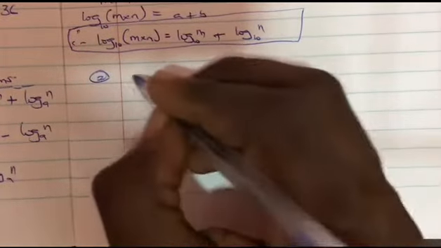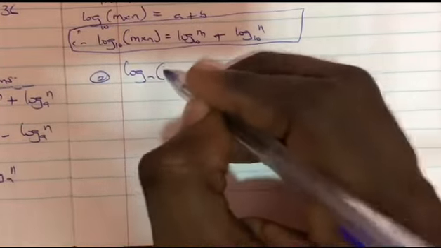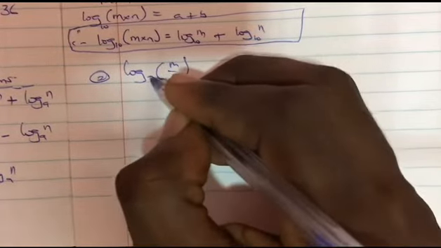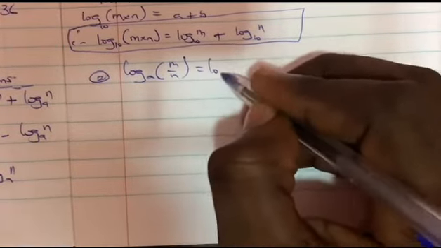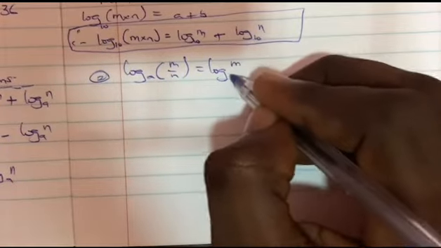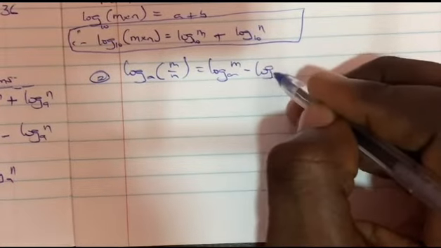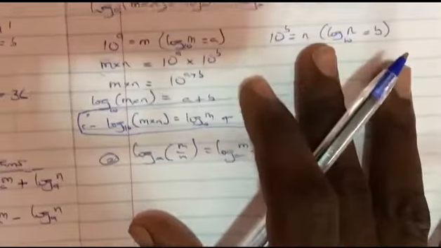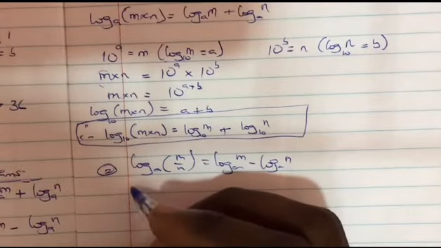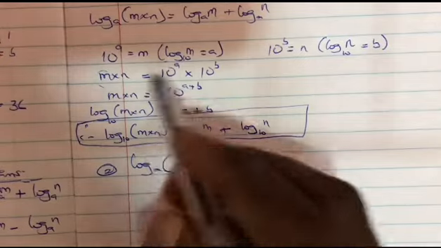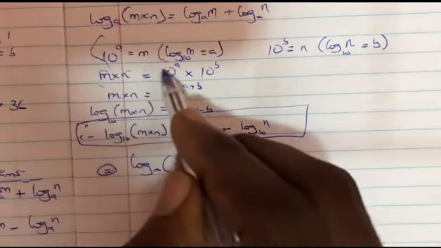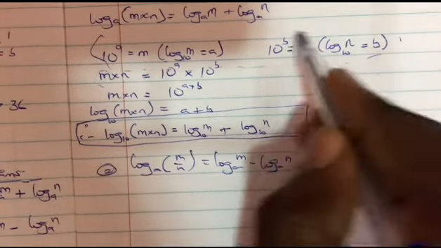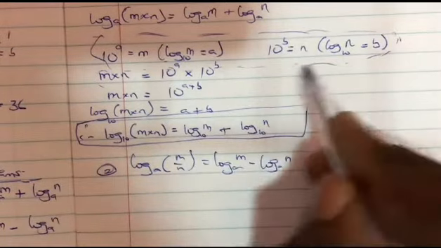To prove the second law, which is that log of m over n to the base a is equal to log m to the base a minus log n to the base a: we assume the same thing, 10 exponent a equals m and 10 exponent b equals n.